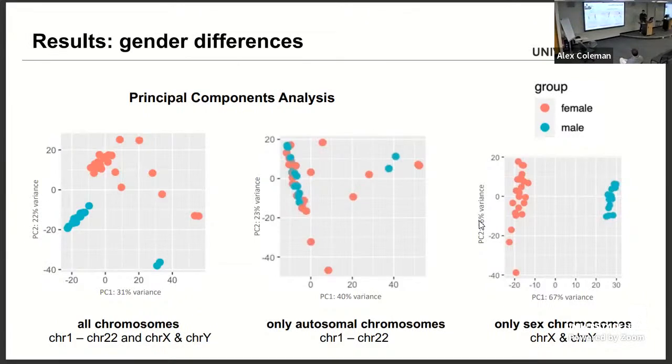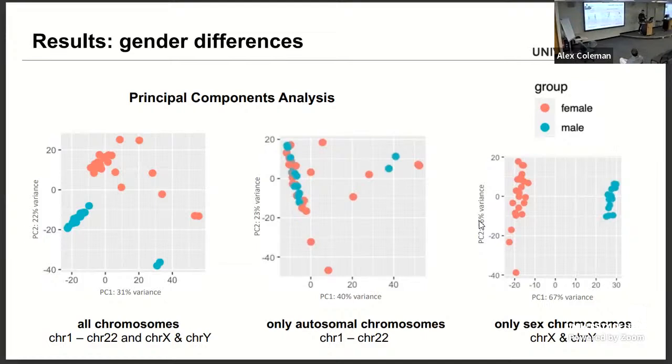When I did my first PCA plot, with the whole data as input, which corresponds to this plot on the left, I was quite surprised to see a clear separation between the male and female samples. That made me think that there may be something that drives this separation, and that probably it's somewhere on the X and Y chromosomes.